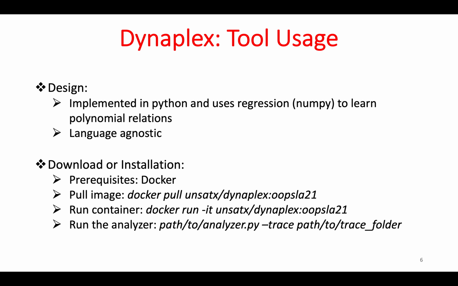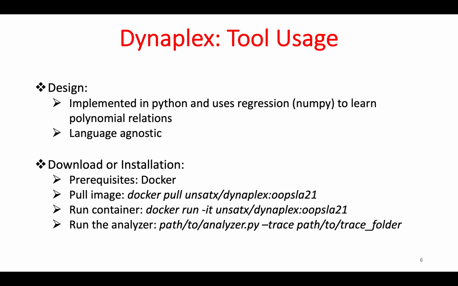Now that we have an idea of how Dynaplex works to produce the recurrence relations and solve them for complexity analysis, let's discuss how Dynaplex is used. First, I would like to talk about some design decisions.